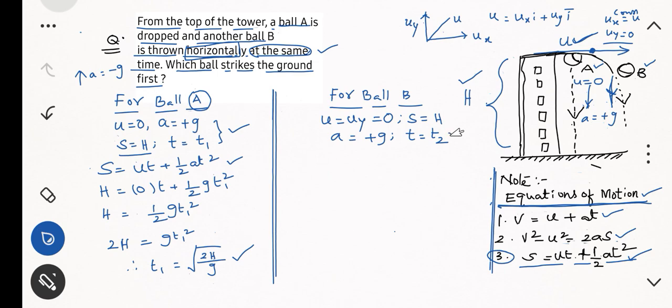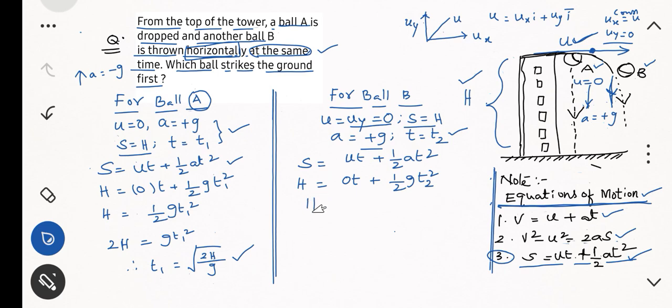Let us assume t is equal to t2 and substitute in the same expression s is equal to ut plus half at square. Here s is equal to h, and u is equal to uy, which is equal to 0. So 0 into t plus half a, where a is equal to plus g, into t2 square.